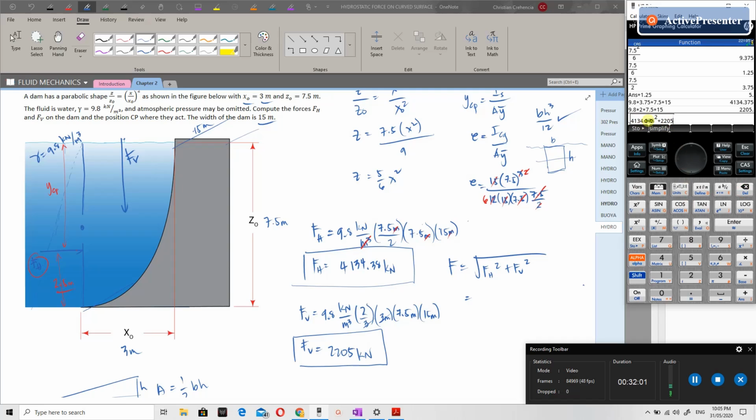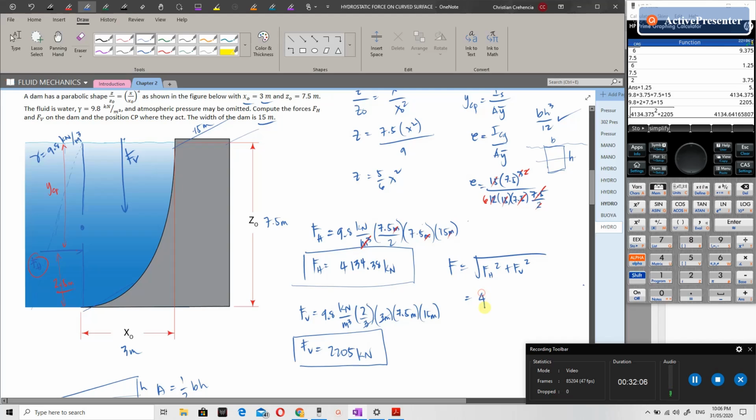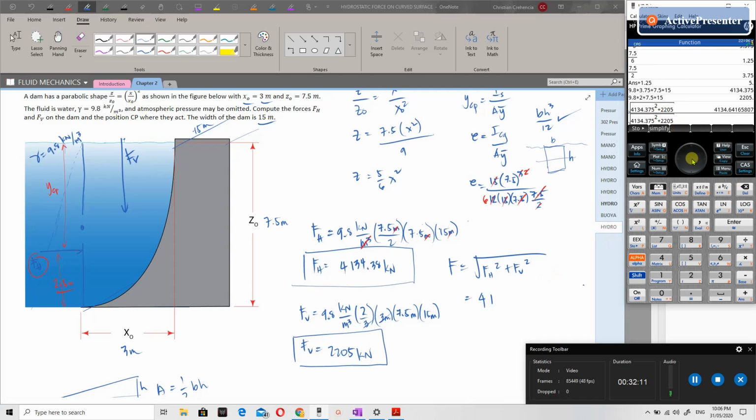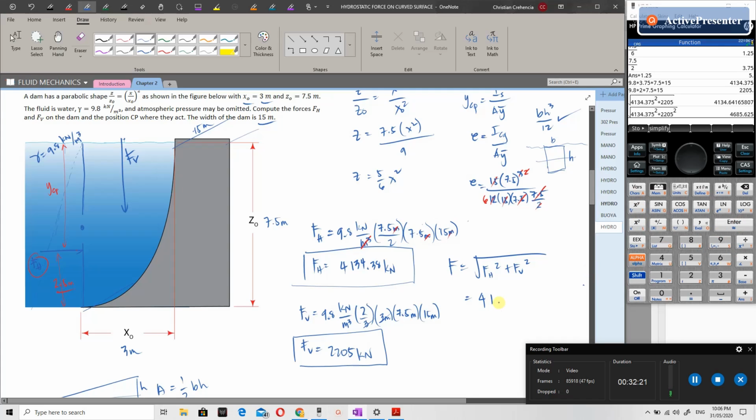Okay, so exact value na lang yung nailagay ko. Oops, sorry, hindi ko na-square yung 2205. Square. So we have 4,685.625 kilonewton.